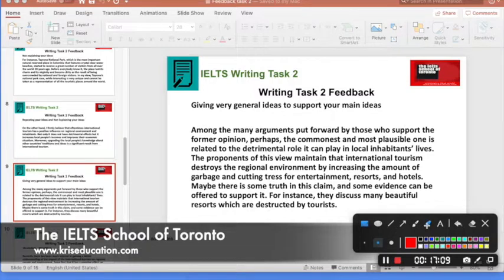This is another example, another mistake that some of you have made, and the mistake is giving very general ideas to support your main idea. So again, read this paragraph. I'll give you some time to read it and try to understand where is a general idea, what is not going very well, what is not working in this paragraph.